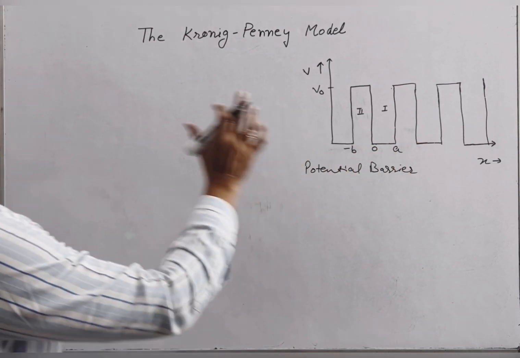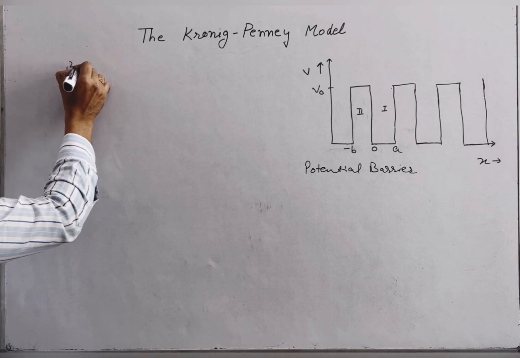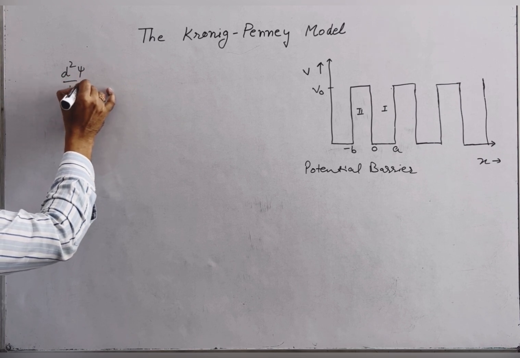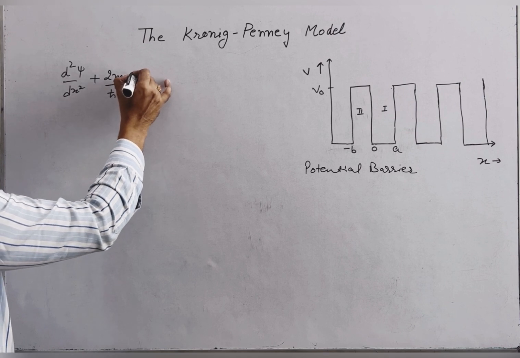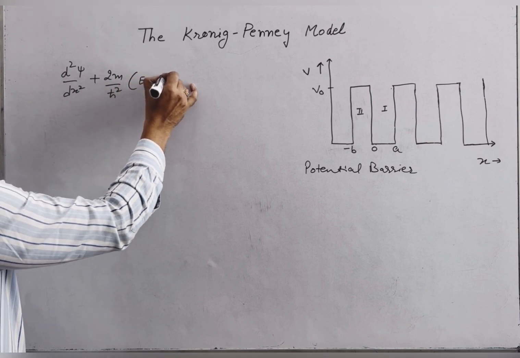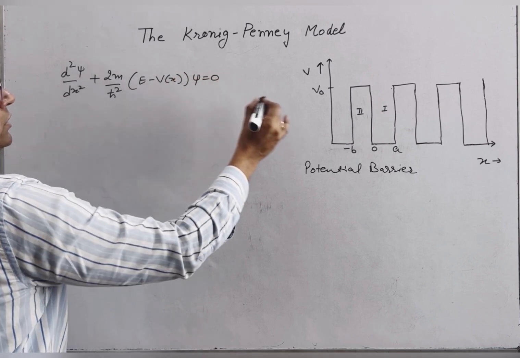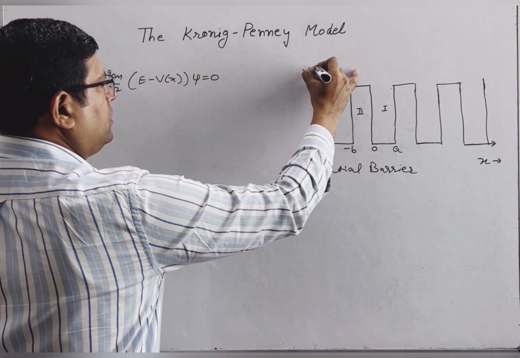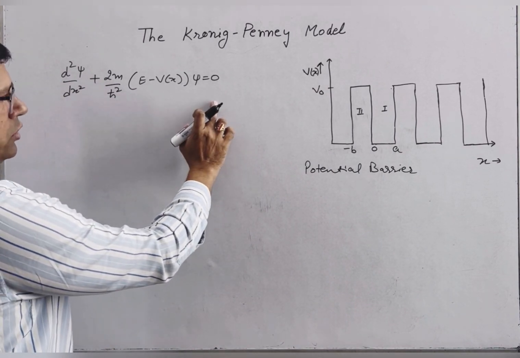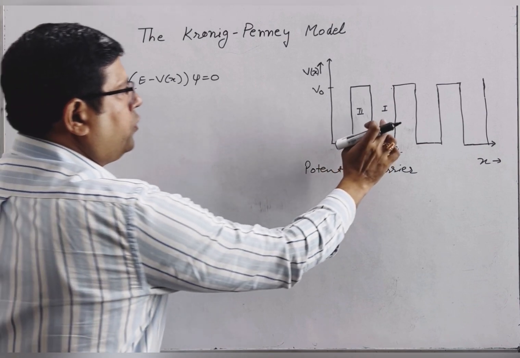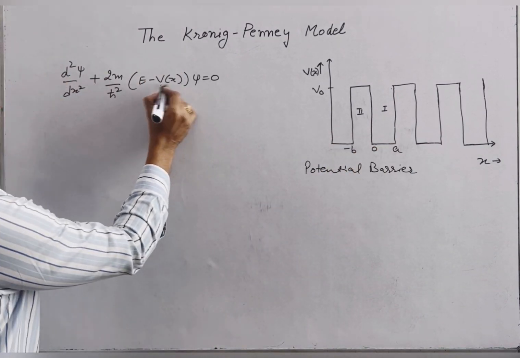Now, the general Schrodinger equation in one dimension is d2 psi upon dx square plus 2m upon h cut square into E minus V(x) into psi equal to 0. This potential is a function of x. This is the one-dimensional Schrodinger wave equation. For the first region, potential is 0, so V(x) is 0.